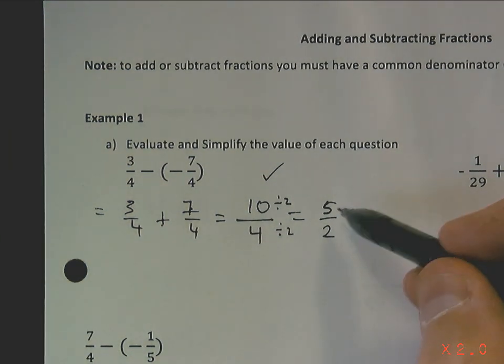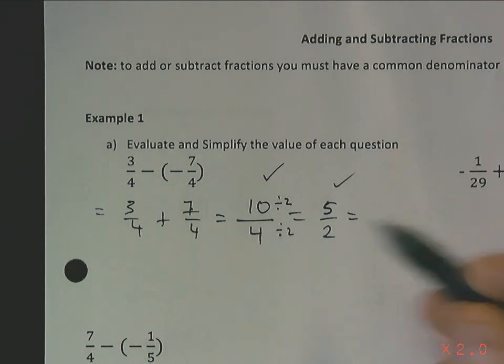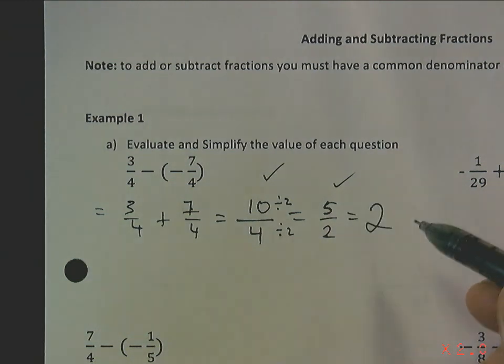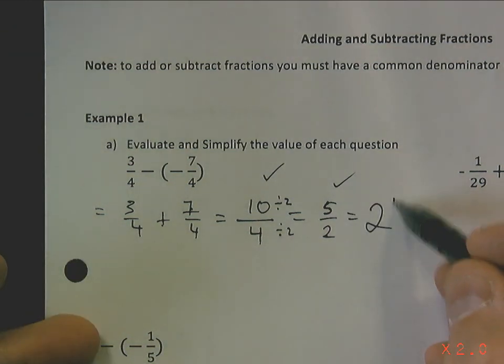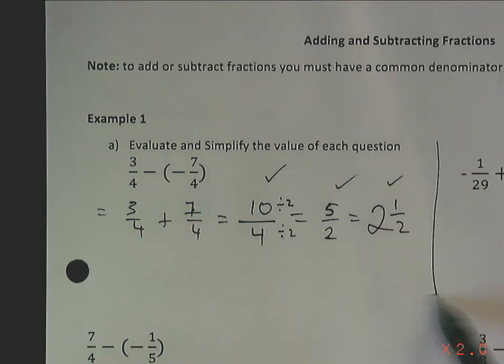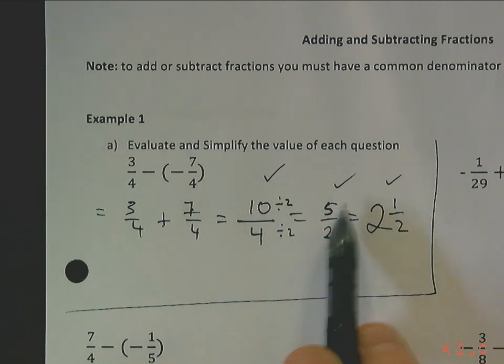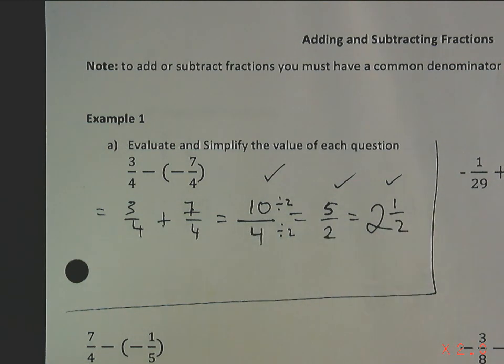Now, in math, we call a fraction that has a numerator that is bigger than the denominator an improper fraction. That's correct. But I could also divide 2 into 5 and say it goes in twice, which is 4, remainder of 1, and I could write that as a mixed number. Don't worry about that today. Just the answer key could be 10 over 4, 5 over 2, or 2.5. All the same answer, done.